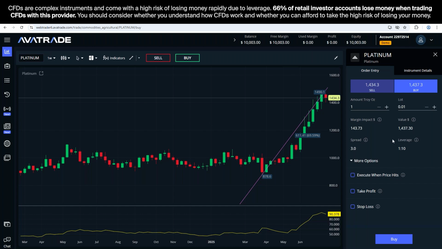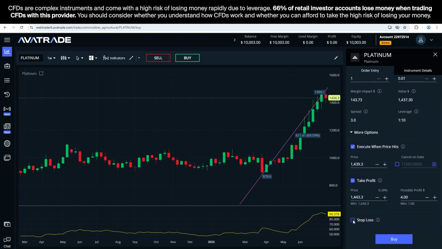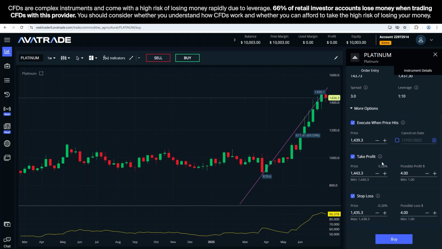So similarly, like we did with NASDAQ, we're going to also click here to automate the entry, and enable both take profit and stop loss. And in the execute when price hits, we're going to flatten that price to 1,370.